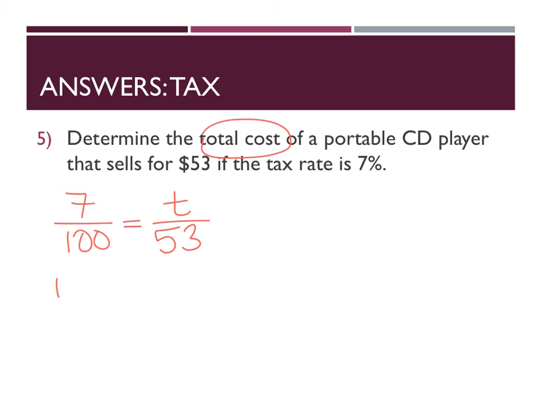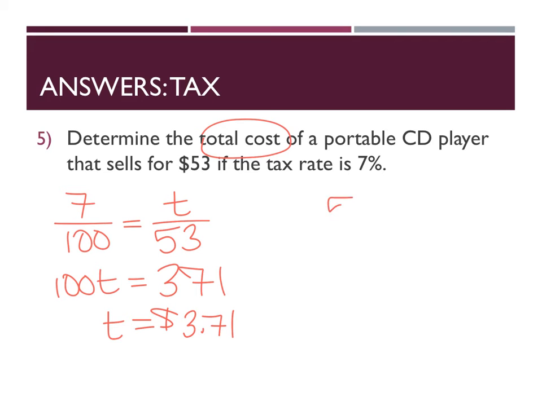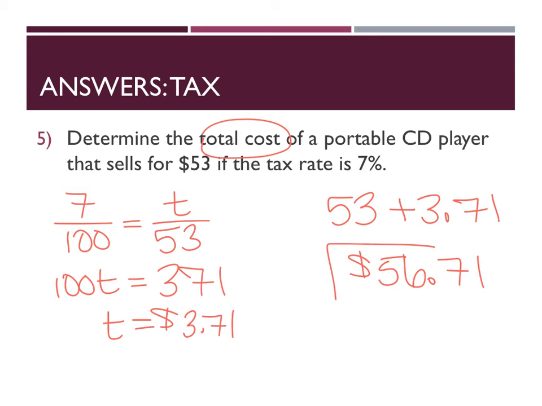So I have 100T equals 7 times 53, which gives me 371, and then I'm going to divide by 100. So my tax amount is $3.71, but it's asking for the total cost. So you want to go back: the price is $53 plus the tax, and when you add those together, you should get $56.71.